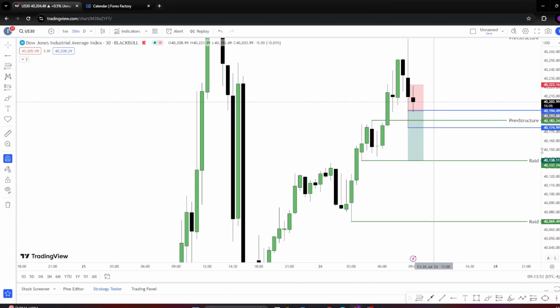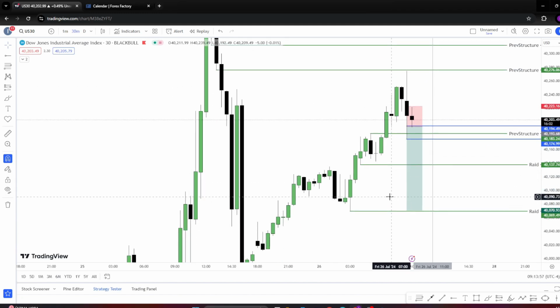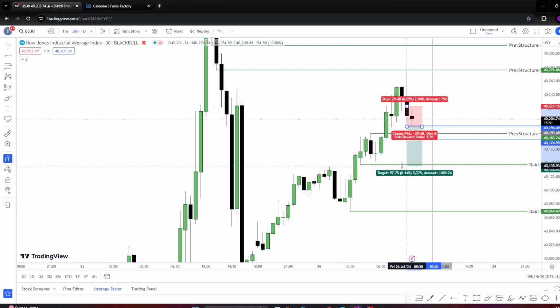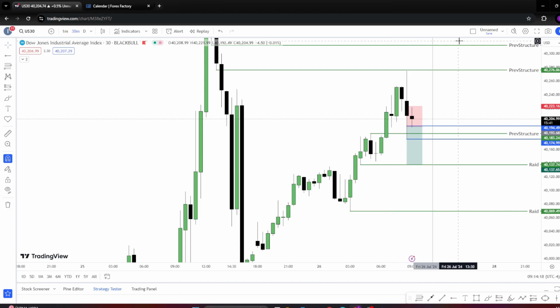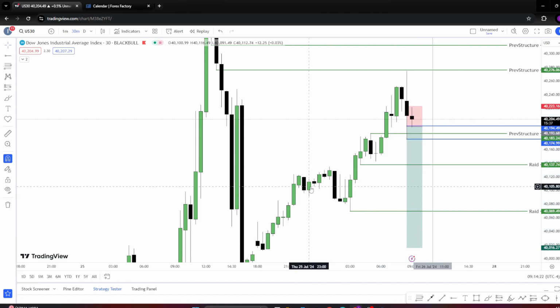Once again, you could argue, well, why are you not targeting this low? And while I wouldn't say that's necessarily wrong, there's a lower chance that is going to happen than this happening. And I need to strike a balance between my win rate and my risk reward. I've come to realize over the years that shooting for these really big risk to reward ratios is really, really inconsistent.